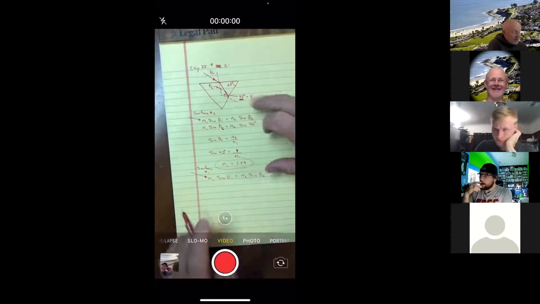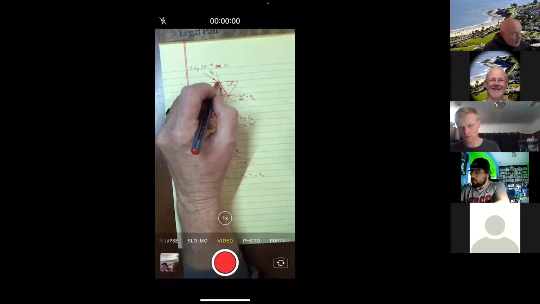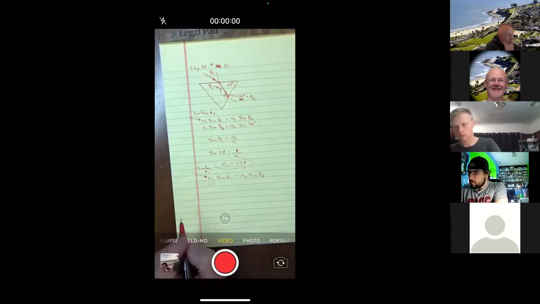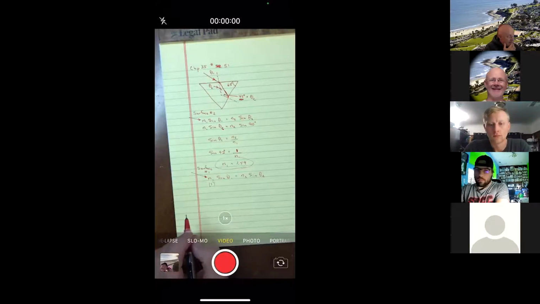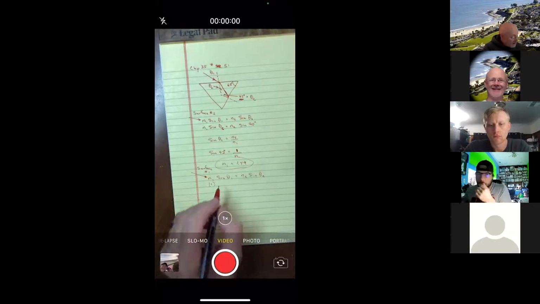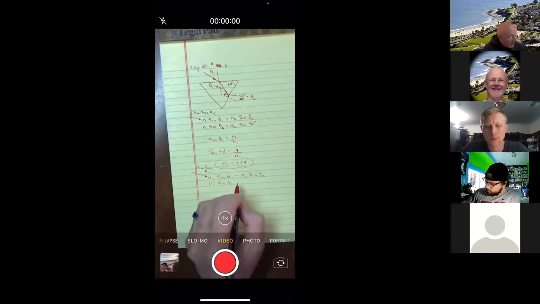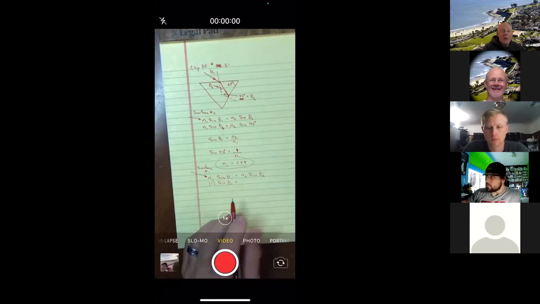So coming back up here, N1 is 1, then the sine of theta 1, which I don't know, and that's my goal, is to find theta 1.